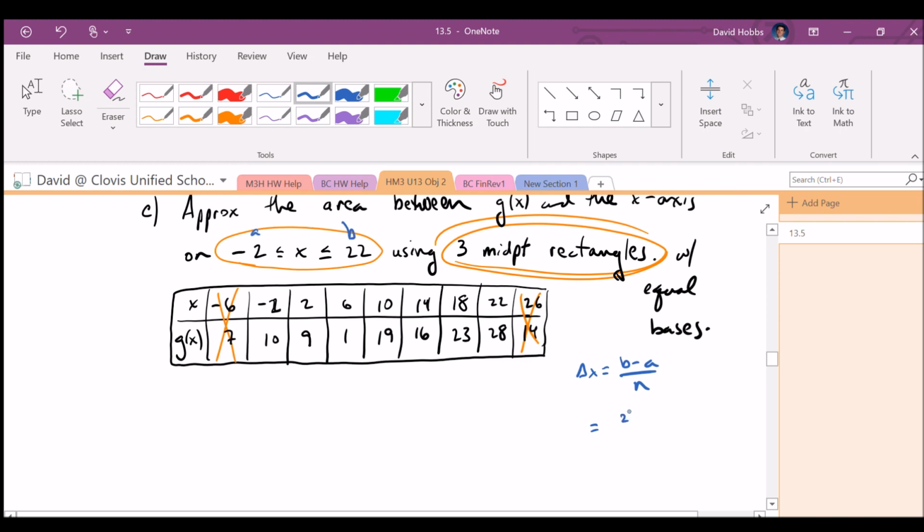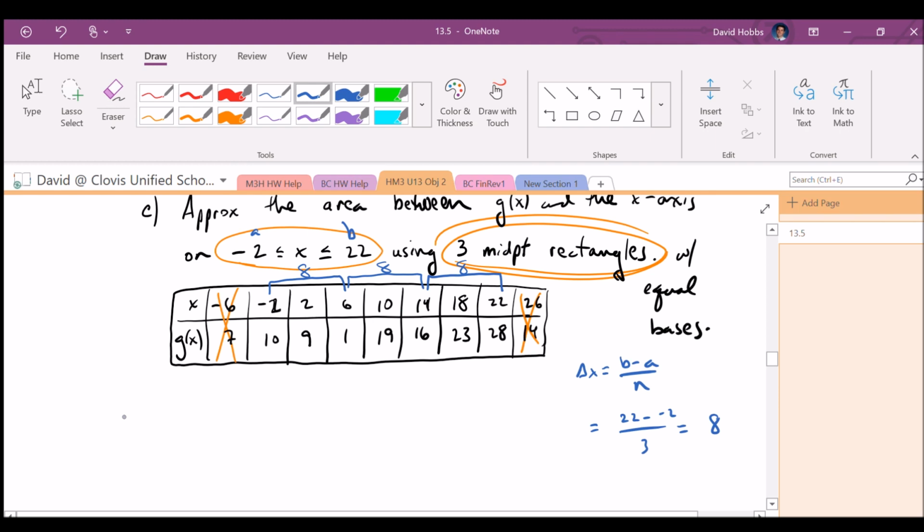So 22 minus -2 over, we want 3 rectangles, distance of 8 for each one. Well, if I start at -2, here's a distance of 8. Here's a distance of 8. And here's a distance of 8. And that covers from -2 to +22.